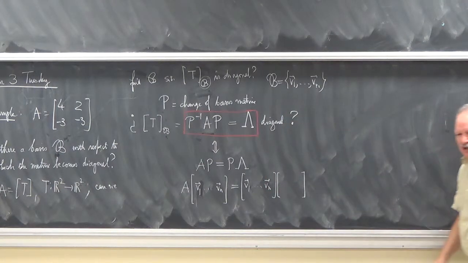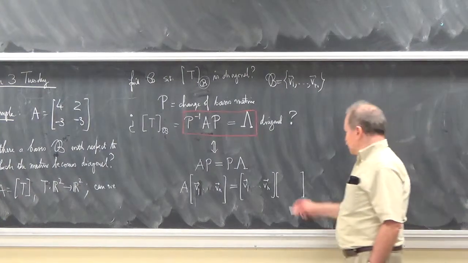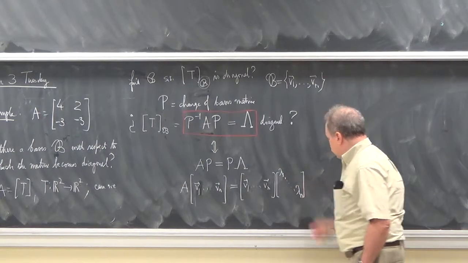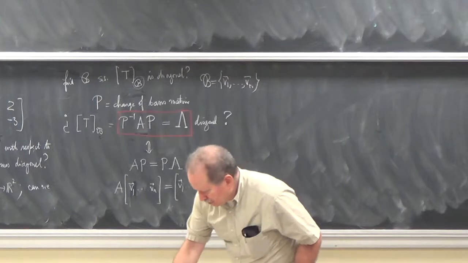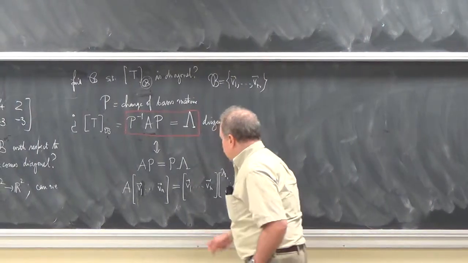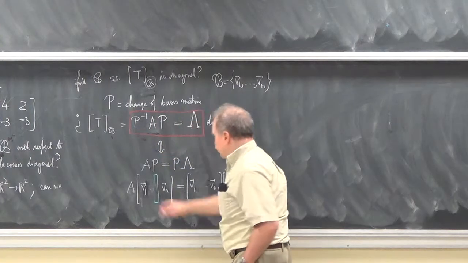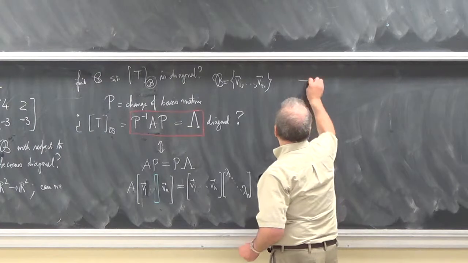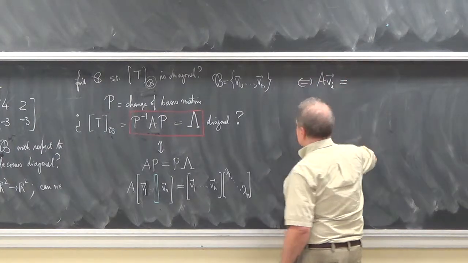Since the matrix is called lambda, I'll make its diagonal entries little lambdas. So what does this say? This says that if you take any one of the columns here, A times that column equals what? A times vi equals little lambda i times vi.